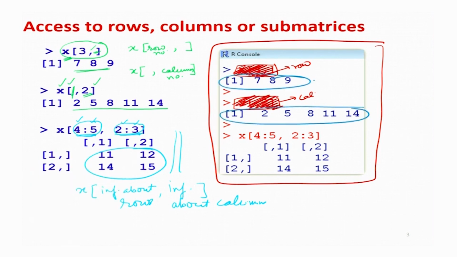Now, by looking at these two outcomes, can you get the information whether these two outcomes correspond to any row or any column? If I hide this thing also, then by looking at these two values, 7, 8, 9 and 2, 5, 8, 11, 14, can you tell me whether these are the values from a particular row or a particular column, or which row or which column?